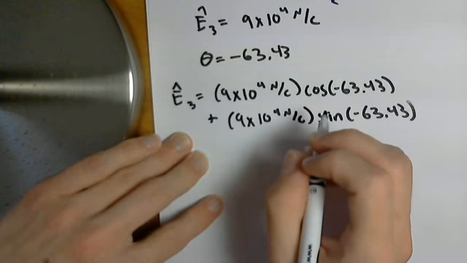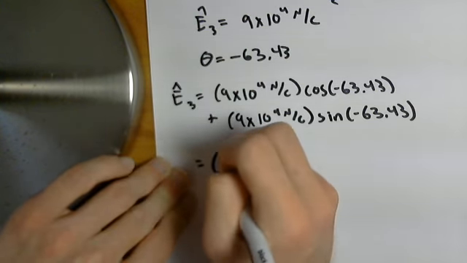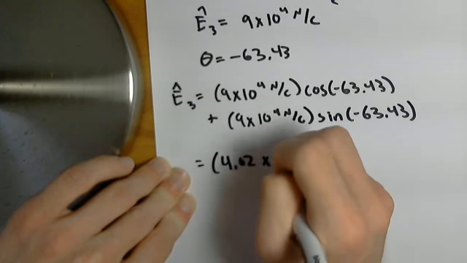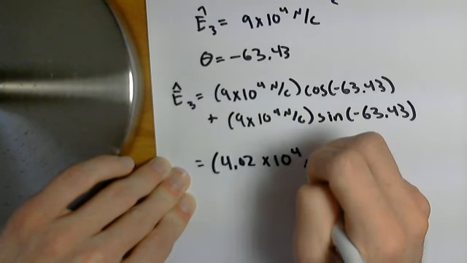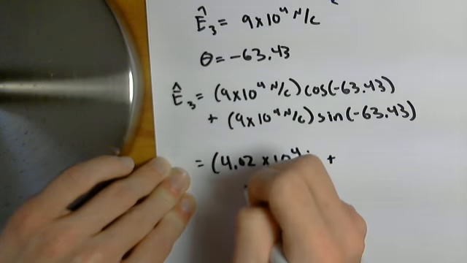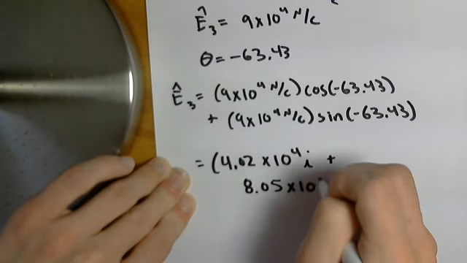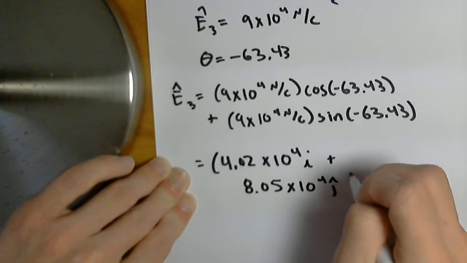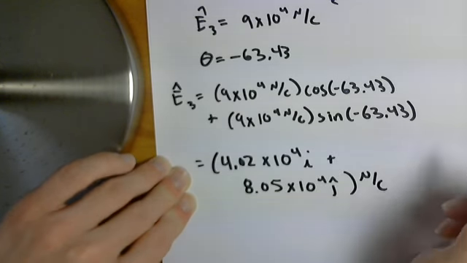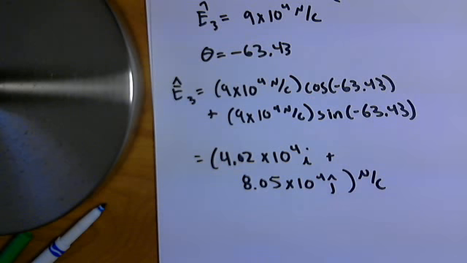And we are going to get the answer 4.02 times 10 to the 4th i plus 8.05 times 10 to the 4th j, and that's the component form for the third electric field.